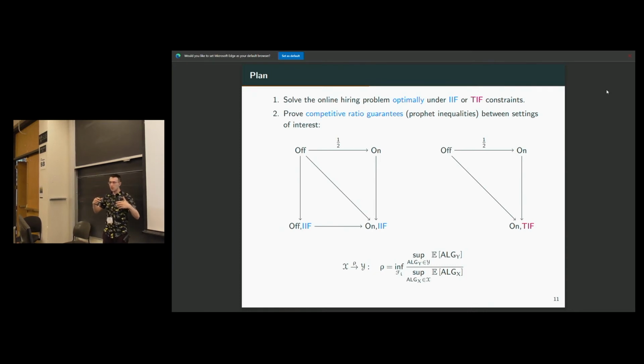So we can compare, for example, an offline but fair profit with an online fair algorithm, or online with online fair, and so on. And the goal is to fill up those arrows with competitive ratios comparing those settings. OK? The one half that I have there is the standard profit inequality.